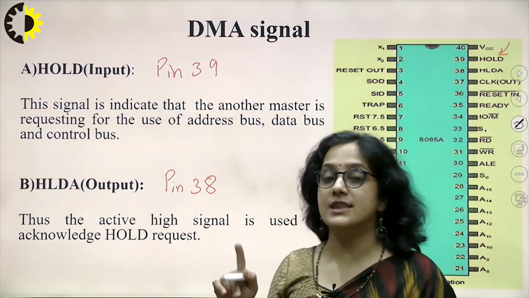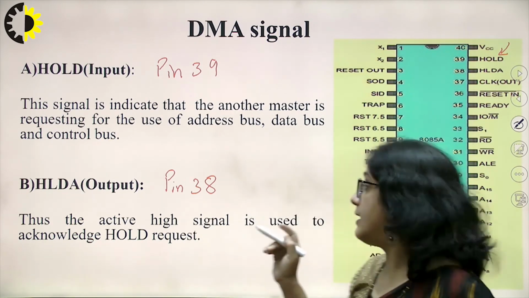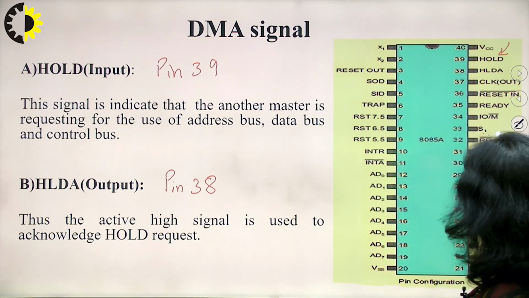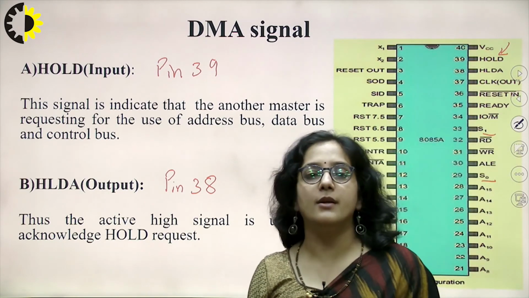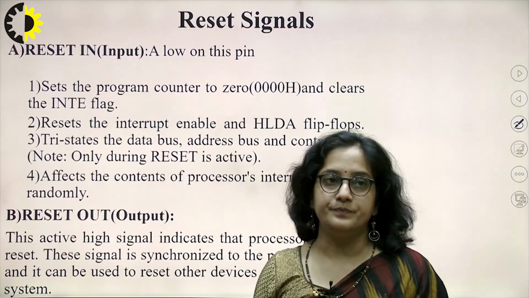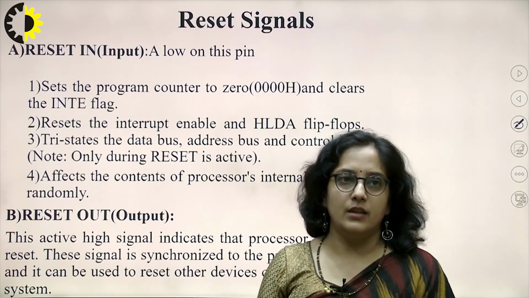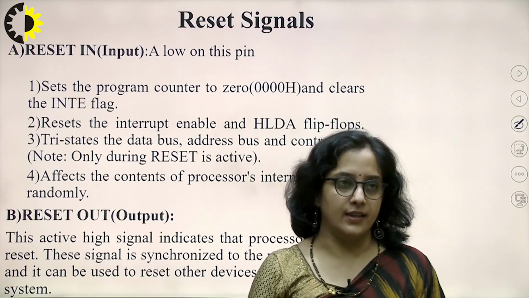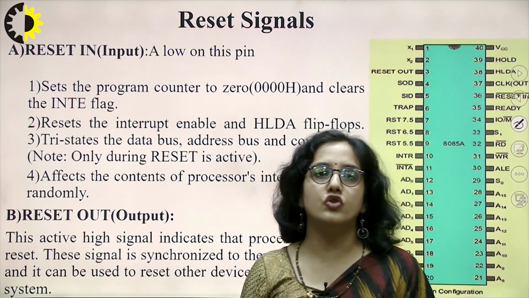After this, we can see the status of the microprocessor at S0 and S1, showing that it is performing some DMA operation.